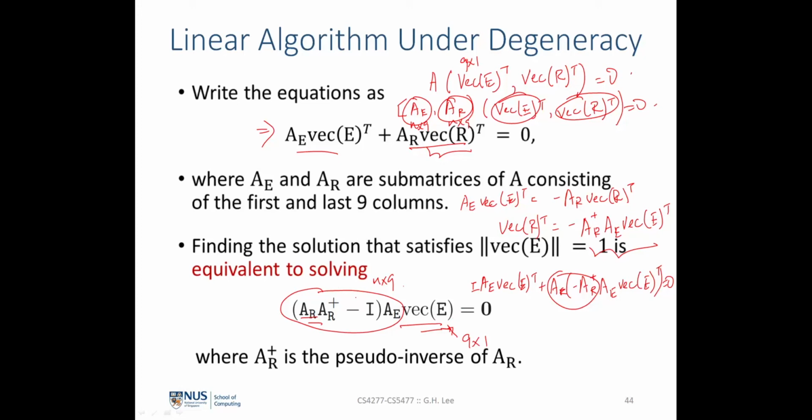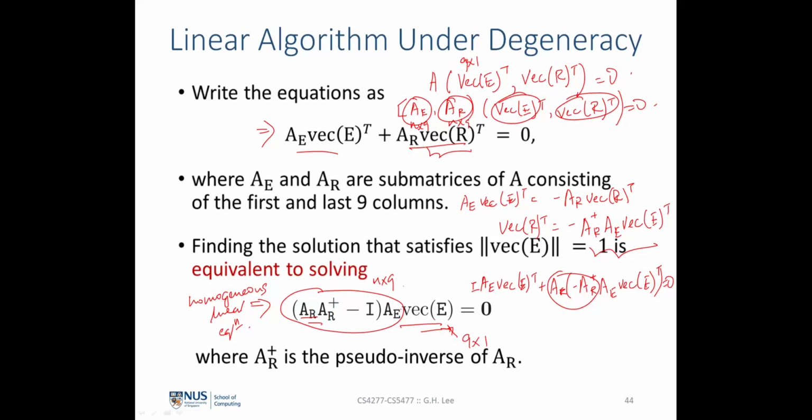And since this n by 9 matrix is known, this whole equation is still a homogeneous linear equation that we can easily solve by taking the SVD of this whole block of n by 9 entries of the matrix.